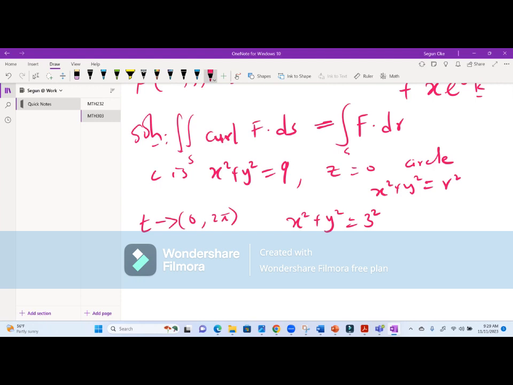So in this case now, we can parameterize what we have. Parameterization is to say that x equals r cos t, then y equals r sin t, then z equals 0.